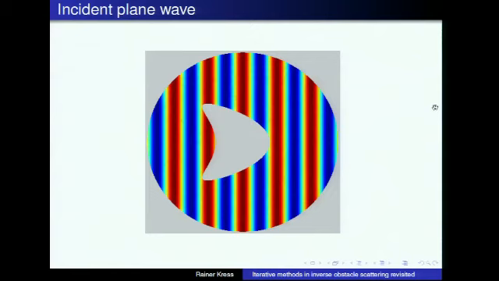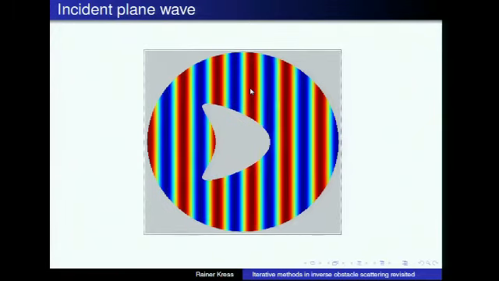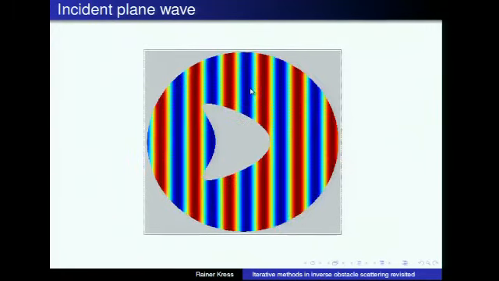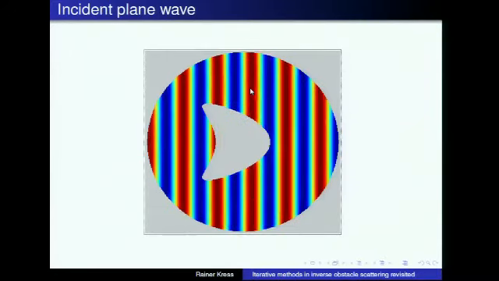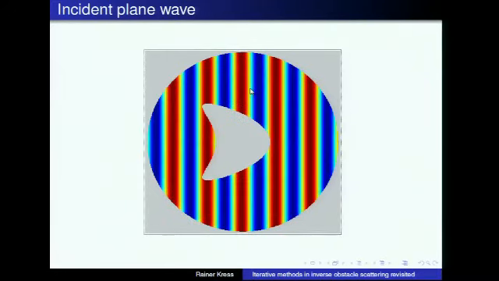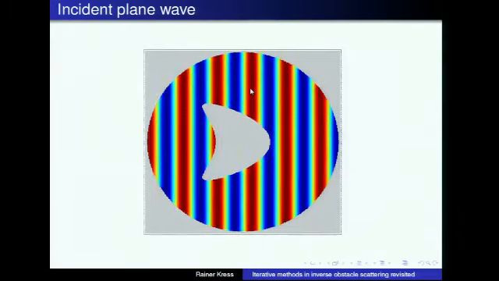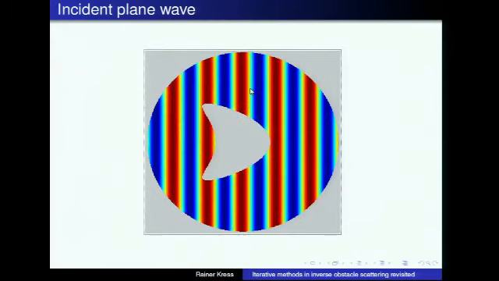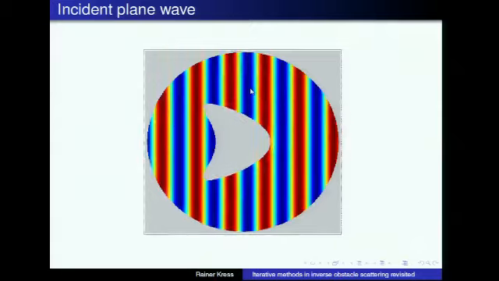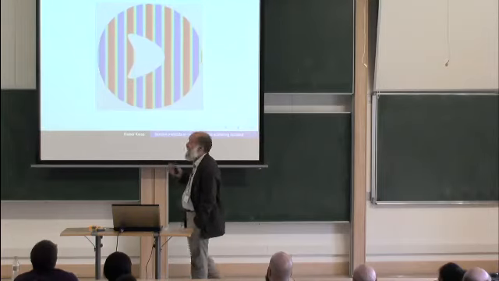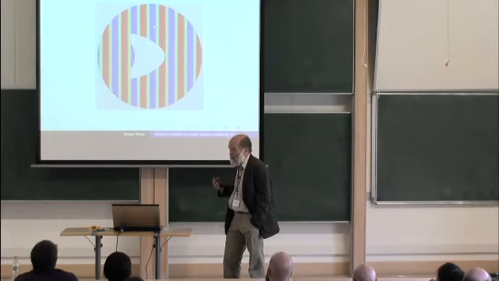Let's look at a model case where we have a plane wave traveling from left to the right, and the color code models the amplitude or the phase of the wave, and it's a plane wave because the planes of the same amplitude, or here in this two-dimensional picture, the lines of the same amplitude are planes.